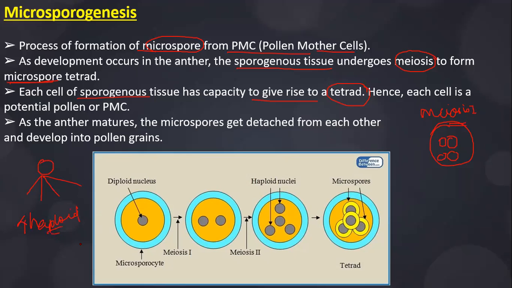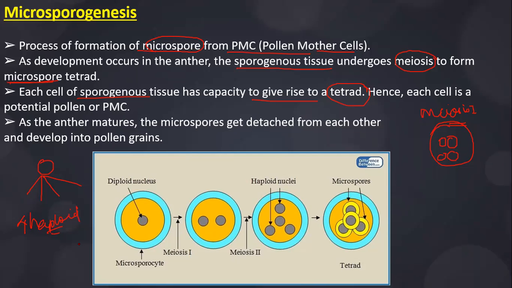This was the final sentence of the chapter also. One particular cell of the sporogenous tissue in the microsporangium will get enlarged and undergo meiosis to form a microspore tetrad.